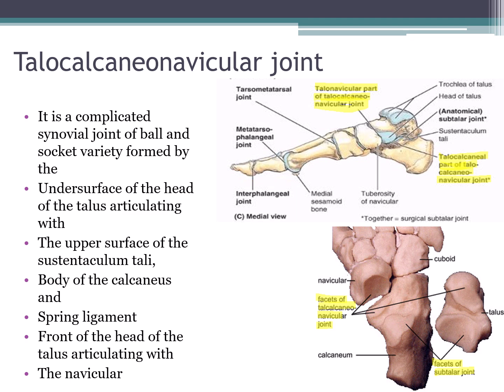Then we have the talocalcaneonavicular joint, which is a complicated synovial joint of ball and socket variety, formed by the undersurface of the head of the talus, articulating with the upper surface of the sustentaculum tali, body of the calcaneum and the spring ligament. Clear?